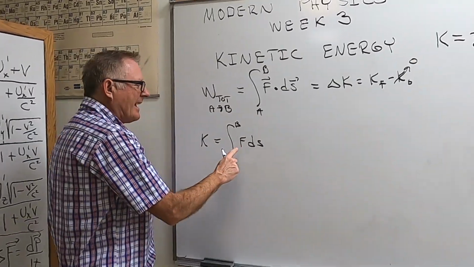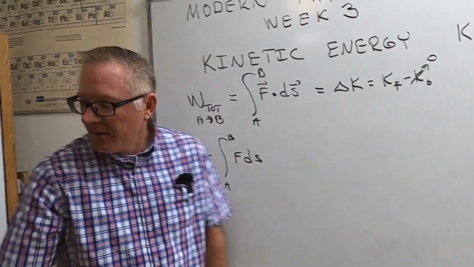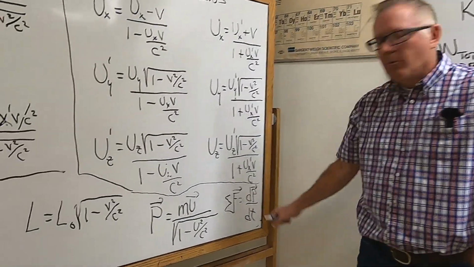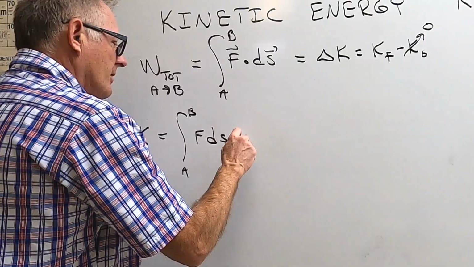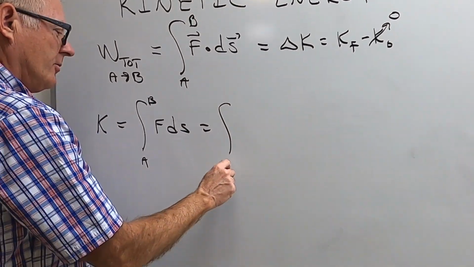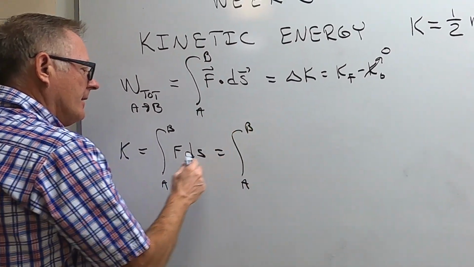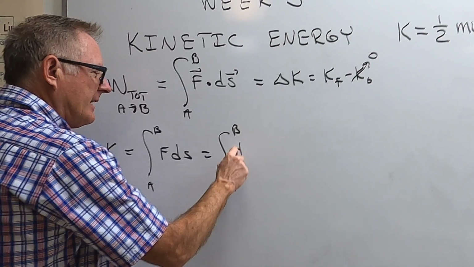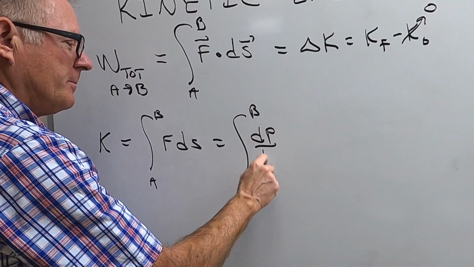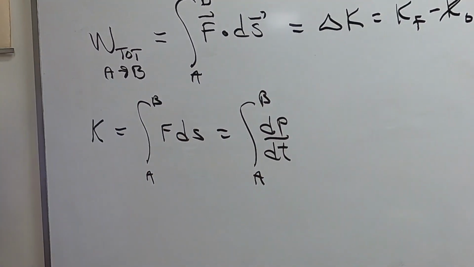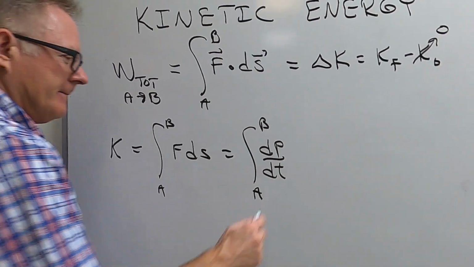Well, what did we say F was? F is the change in momentum with respect to time. So we're going to change that to the integral from A to B of, in place of F, the change in momentum with respect to time, times ds.